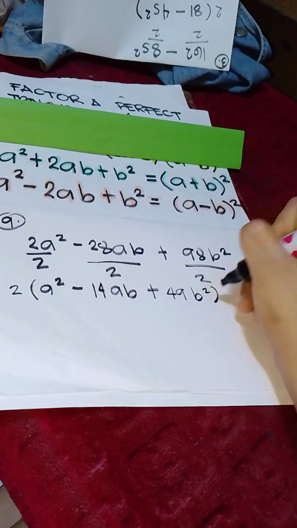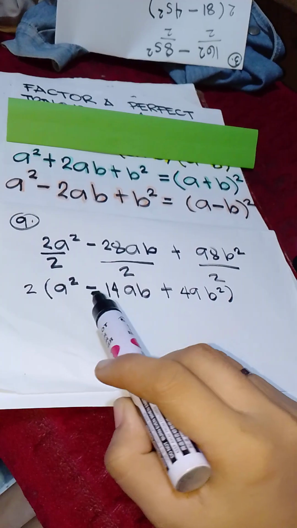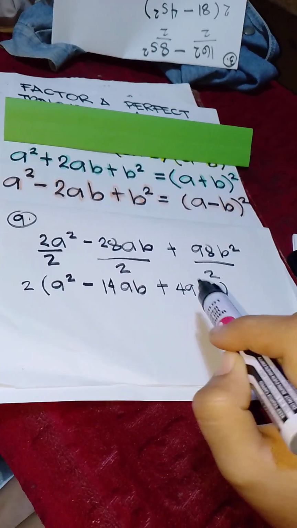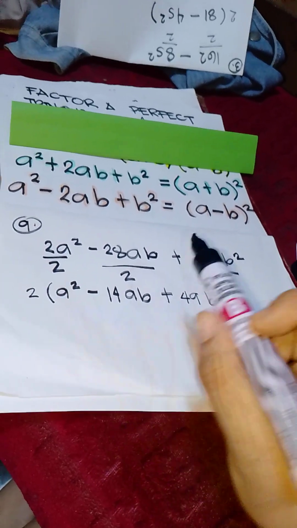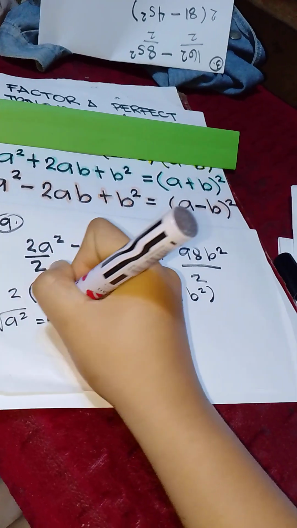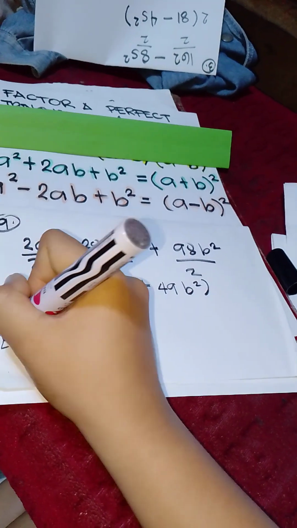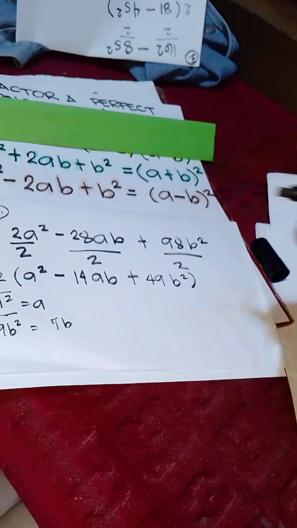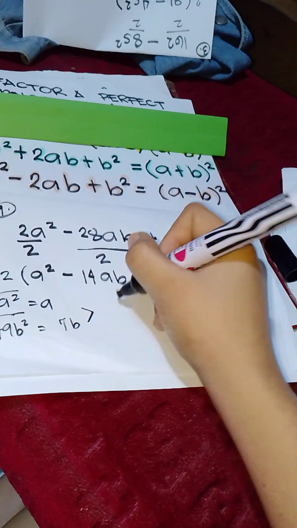And since we have already a new expression and it is a perfect square trinomial, the a squared is already a perfect square. If we get the square root of a squared, the result is a. And if we get the square root of 49b squared, the result is 7b. So if we multiply these two, the product is 7ab.